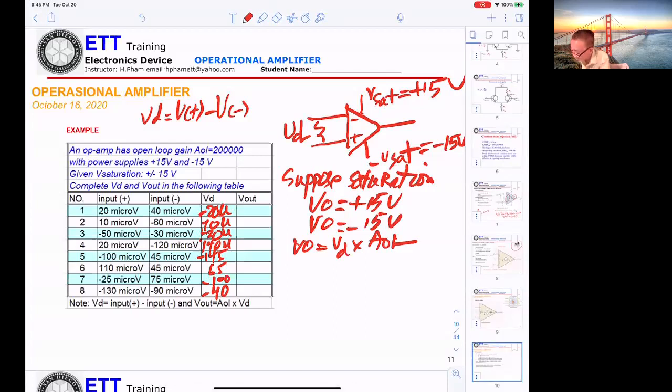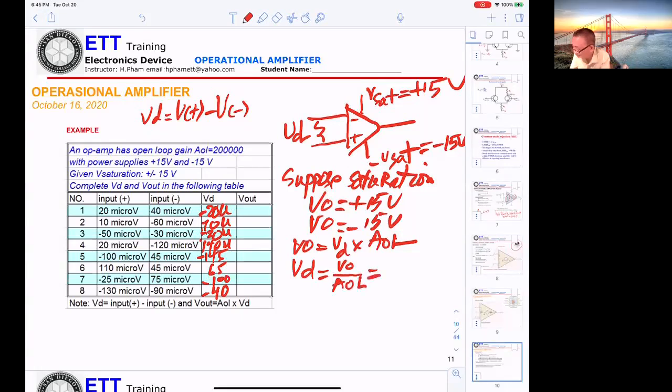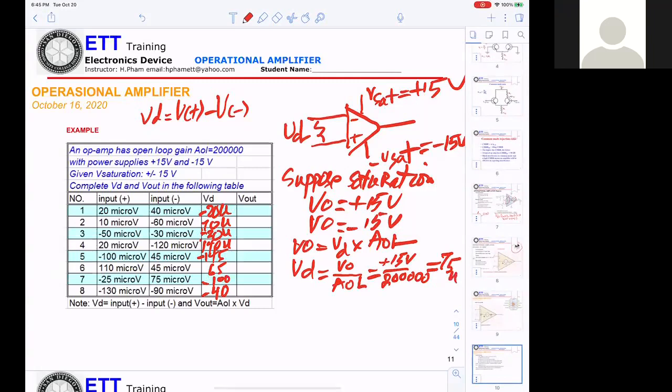In this case, VD can be V out over AOL. That means plus 15 divided by 200,000. What do you think you get? 75 microvolts. Very good.